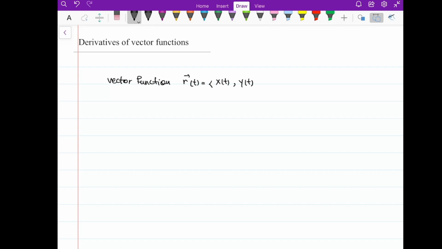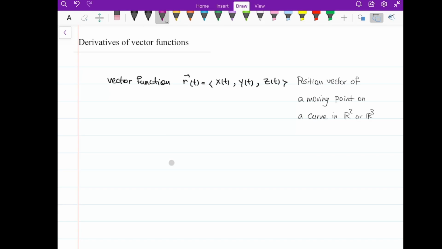The second component is a function of t, we call it y of t, and if it is in space, we have the third component z of t, and we can think of it as the position vector of a moving point on a curve in the plane R2 or in the space R3. If it has 3 coordinates, it would be in R3.